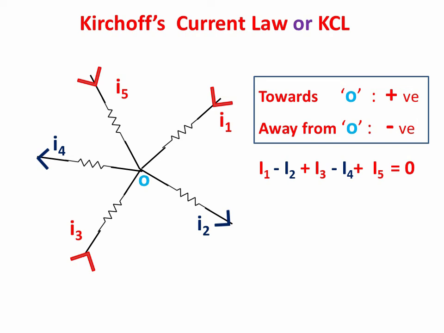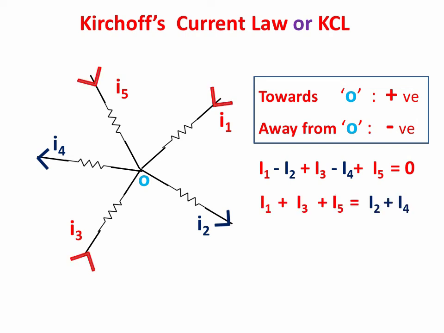I3 is towards, so plus I3. I4 is away from the junction, so minus I4. I5 is towards the junction, towards means positive, so plus I5. So I1 minus I2 plus I3 minus I4 plus I5 is equal to 0.